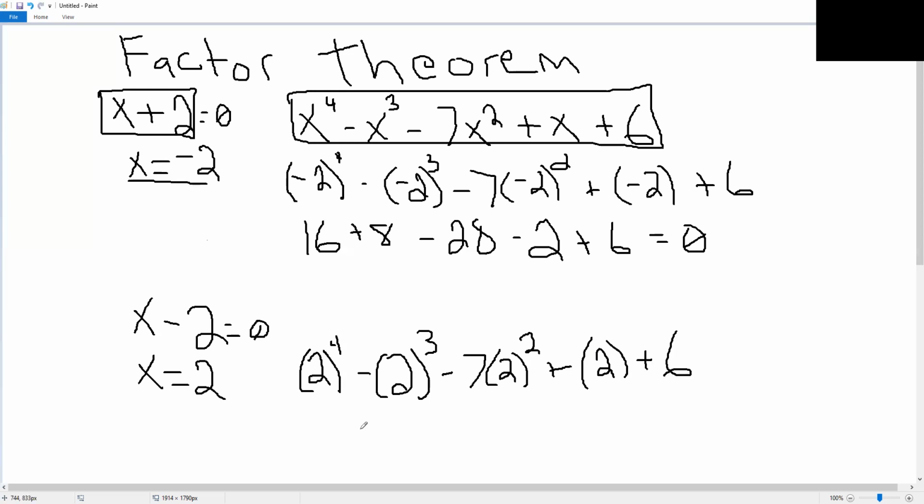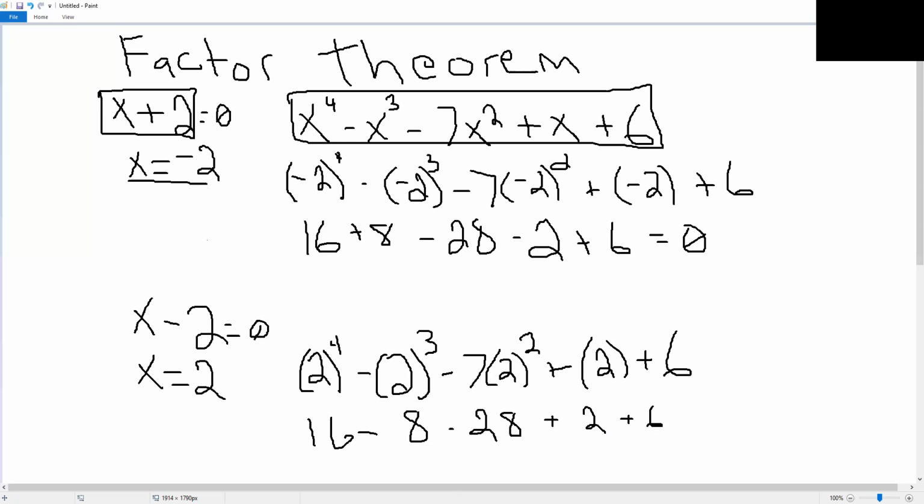Okay. And if we solve this, we'll have 16 minus 8 minus 28 plus 2 plus 6.